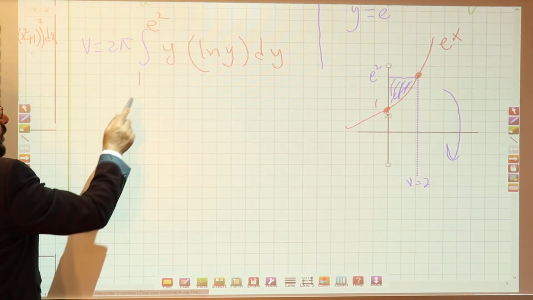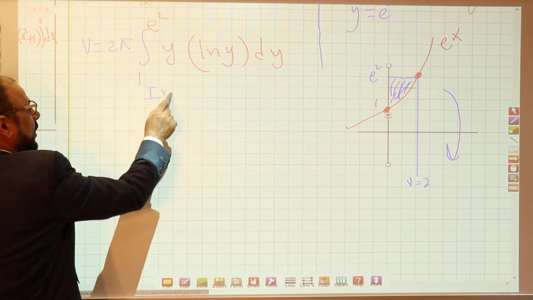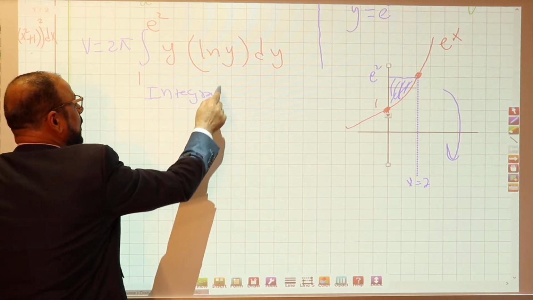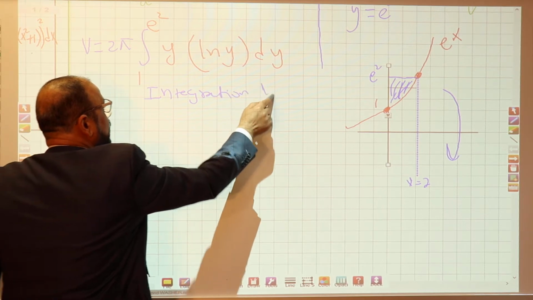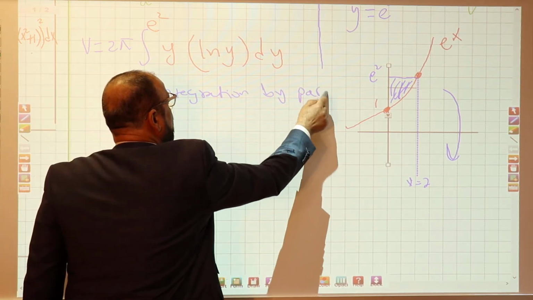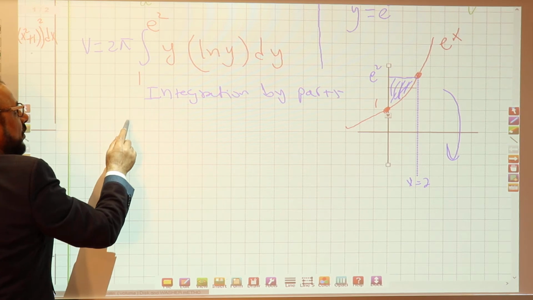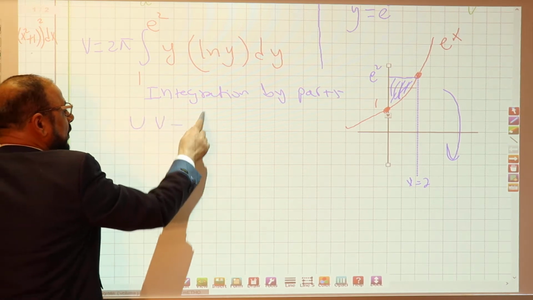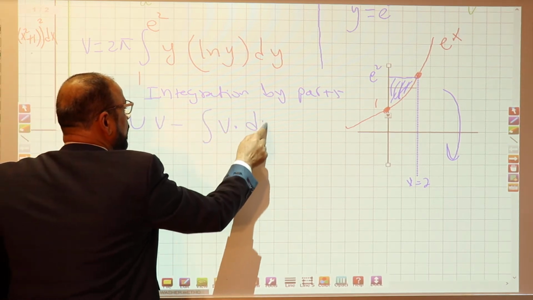We use integration by parts, which, if you remember the rule, is uv minus the integral of v du.